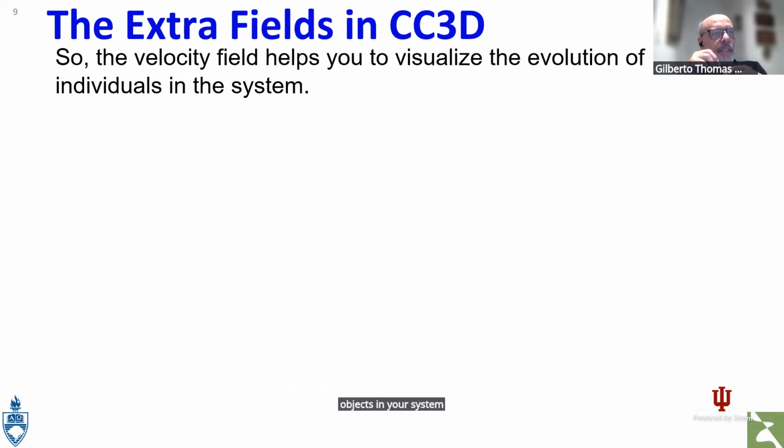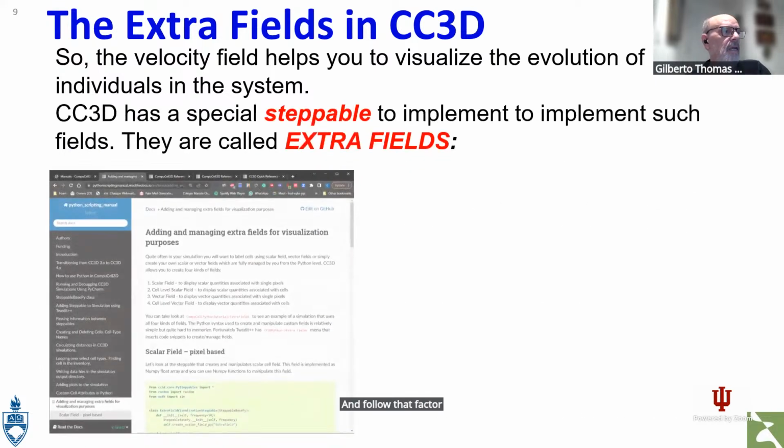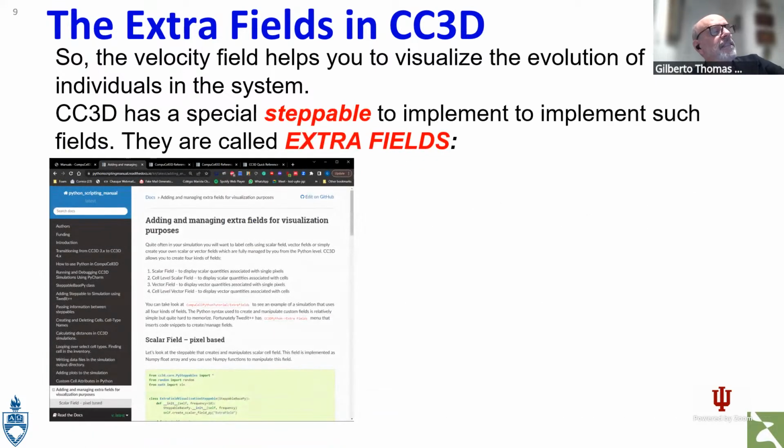You assign to each one a vector and follow that vector. This is an expression steppable in CompuCell. You can see how it works in the manual. Here is a copy of the manual, on how to manage the extra fields for visualization purposes in the simulation, but we are going to do this here.